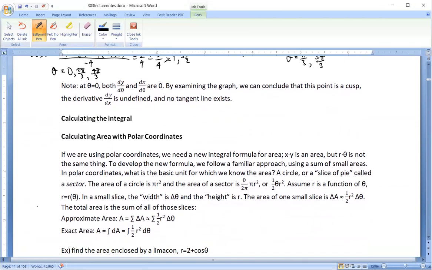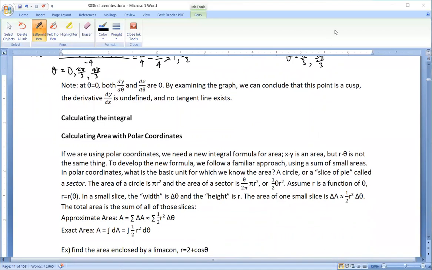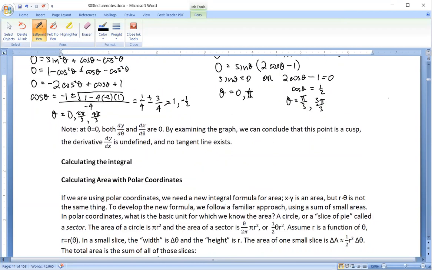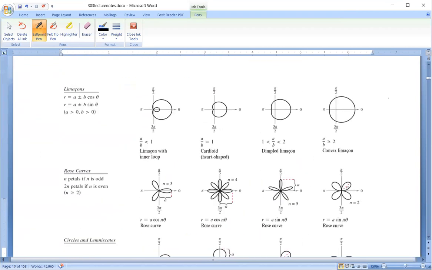So let's use this formula in order to do a problem. Find the area enclosed by a limaçon, and the formula for that is r equals 2 plus cos theta. I just want to make sure that we know really clearly that a limaçon is like a loop. So let's take a real quick picture.